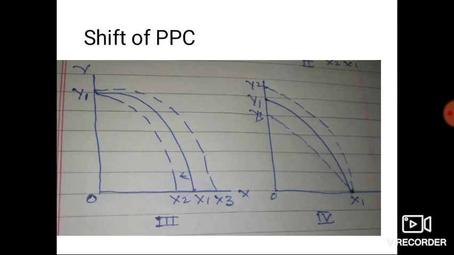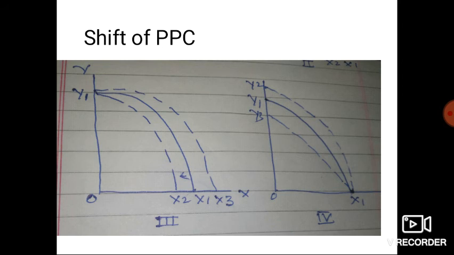Now if you see graph number 4, you will find the opposite of case number 3. Here production of X is constant and the production of Y has changed. Now, same reason: are resources increased or decreased? No, resources are neither increased nor decreased. Then what are the causes for the change in the production of Y commodity?